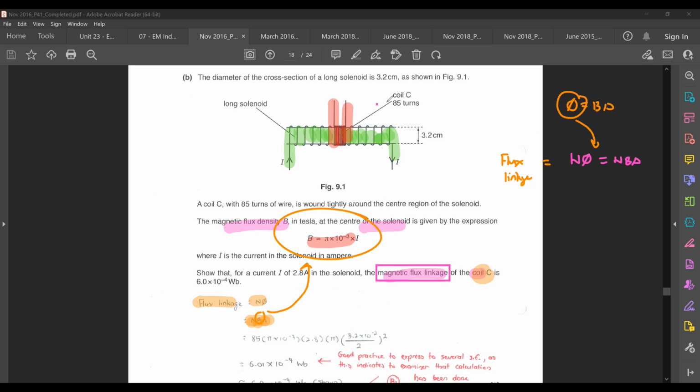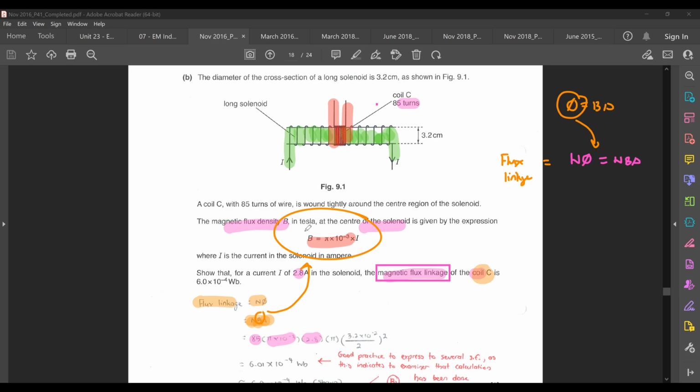So right now, if you use what you know from the question, coil C has 85 turns, B is pi times 10 power minus 3 times I. Your I here is actually the I in the solenoid. Just be careful about that.